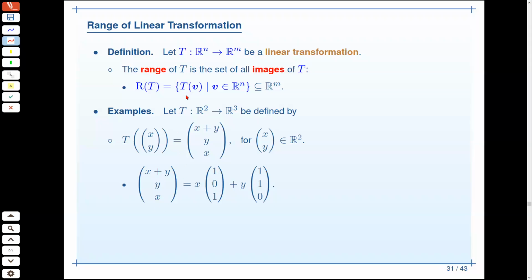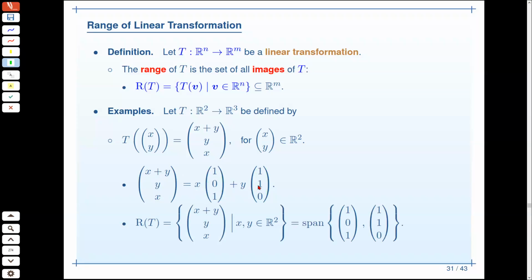So every vector in the image is a linear combination of two vectors, (1, 0, 1) and (1, 1, 0). In other words, the range of T, R of T, is the span of these two vectors, because everything is a linear combination of them. So at least for this case, the range of T is a subspace.